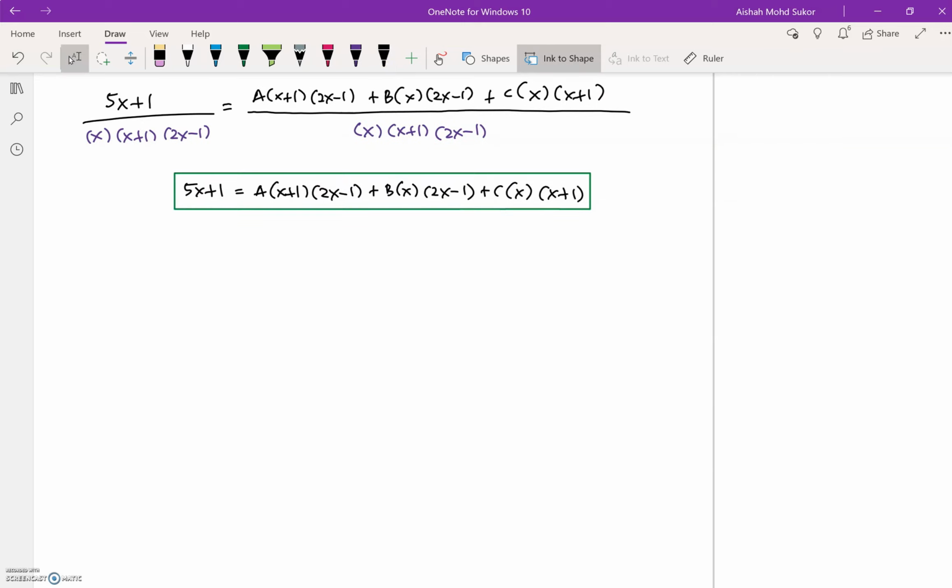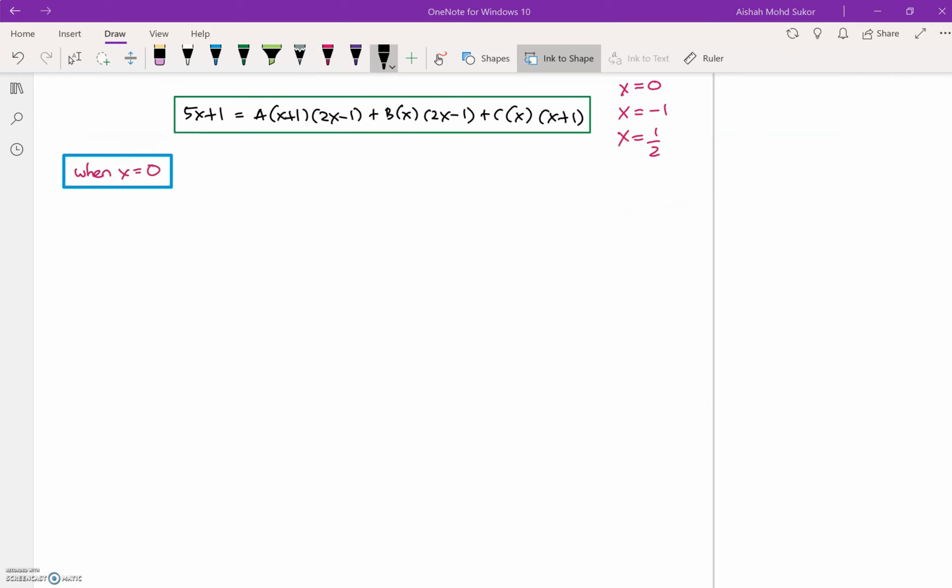Now you can use the two numerators to find the values for A, B, and C. I am going to use the first method. The x values that I can use: x equals 0, x equals -1, and x equals 1/2. Again, I get the x values from the factors given.